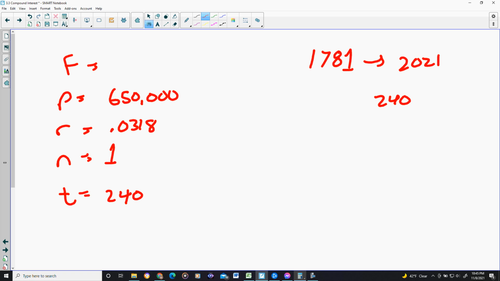All right. So 650,000 times 1 plus the interest rate, 0.0318. We're not going to worry about n, and we'll just raise it to the 240 power. Okay?